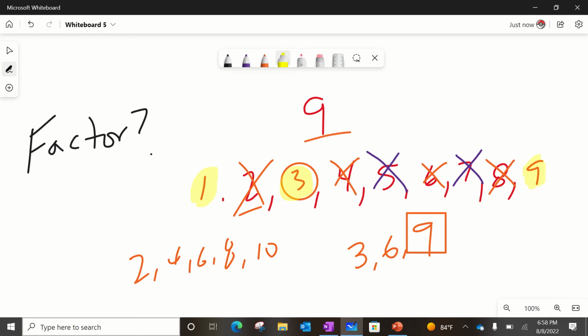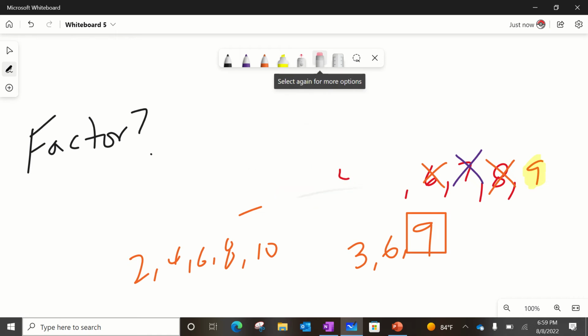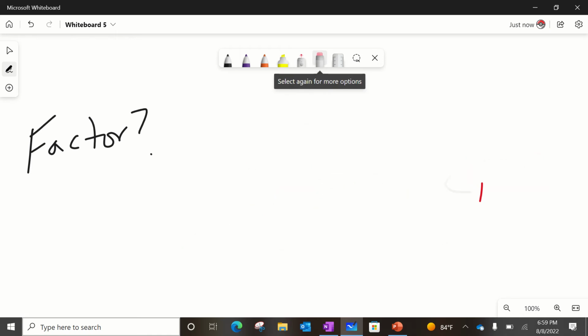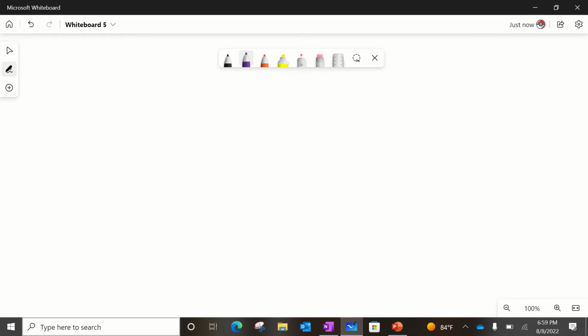That is a factor. Now, when we are talking common factors, what we're doing is comparing two numbers and trying to find out if there is a commonality between the two of them, meaning is there a number that can go into both of these evenly? For example, 14 and 21. If we were to look for a common factor between these two numbers, we would look for what numbers can go into those.